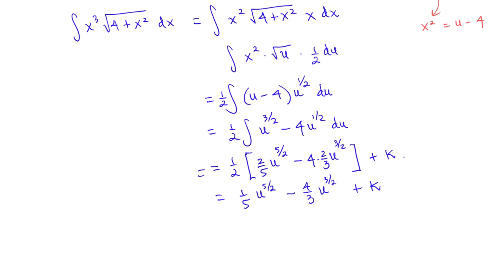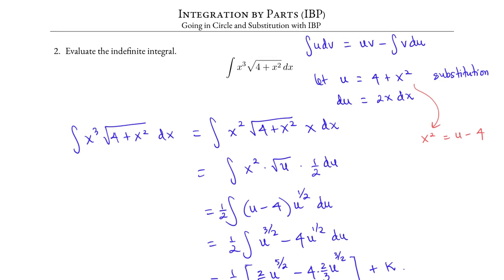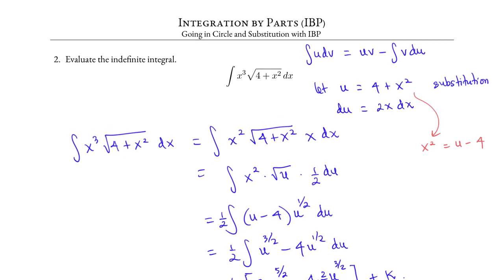But this is not the final answer. There is no u in the given integral. There's only x. The substitution was u equals 4 plus x squared.